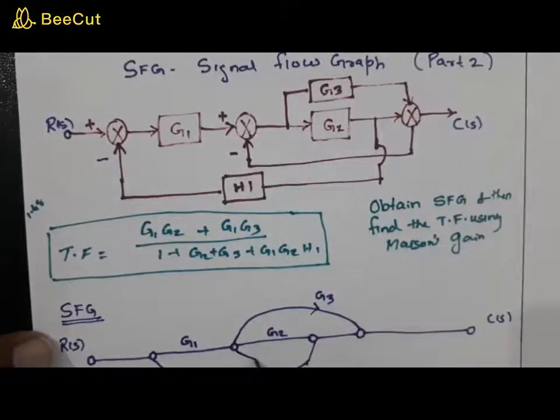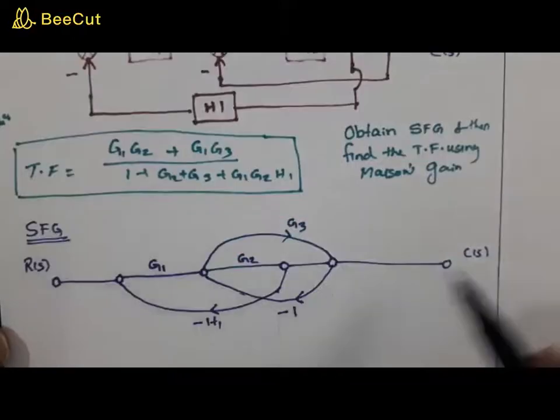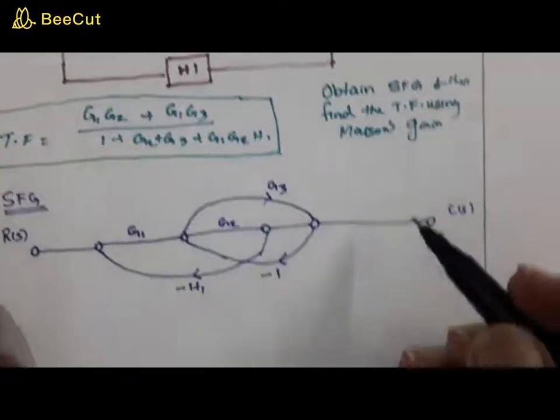So you can represent the same like this. Mind you, this branch and this branch don't have any connection. Now you can represent that as -1 because that's a unity feedback. So this is your SFG.